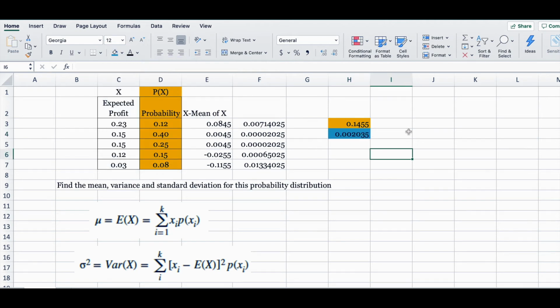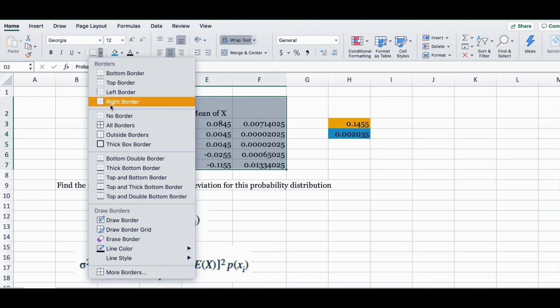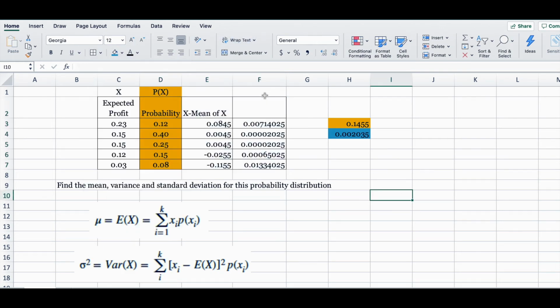So the variance for our probability distribution is 0.002. We can also create our grid lines to make our table more professional, and let me label this.